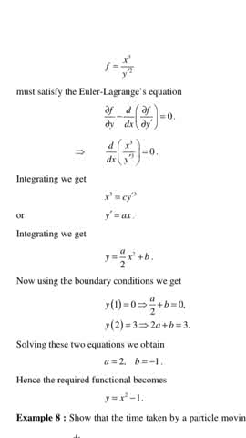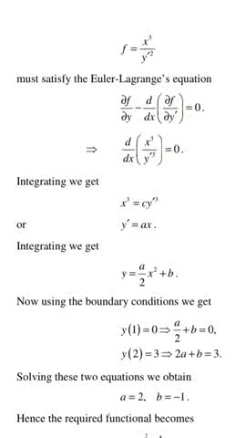We integrate and we get x cube is equal to c y dash cube. Taking cube root on both sides, x is equal to c to the power one third into y dash.